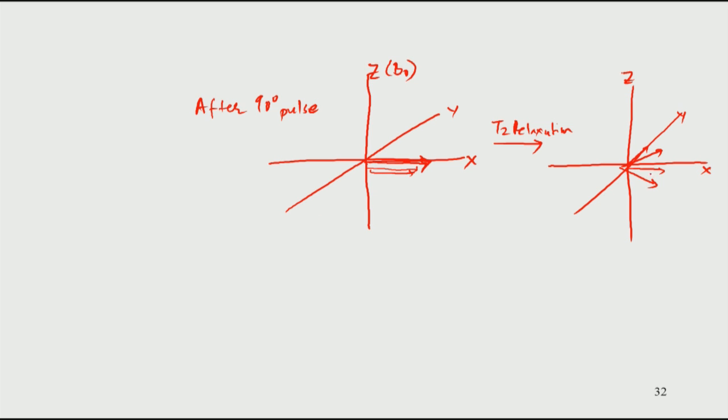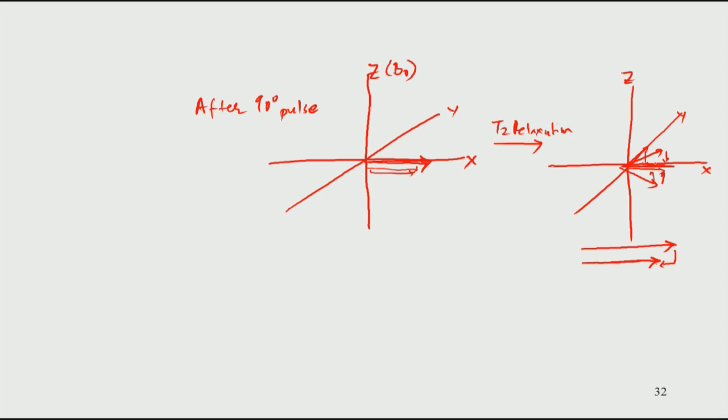But when they start moving away from each other due to T2 relaxation, if you take the component of all these vectors along the x axis, the components will not add up perfectly. So, if the initial magnetization is this much, after some time the magnetization has become this much. This is because it has reduced because of T2 relaxation.